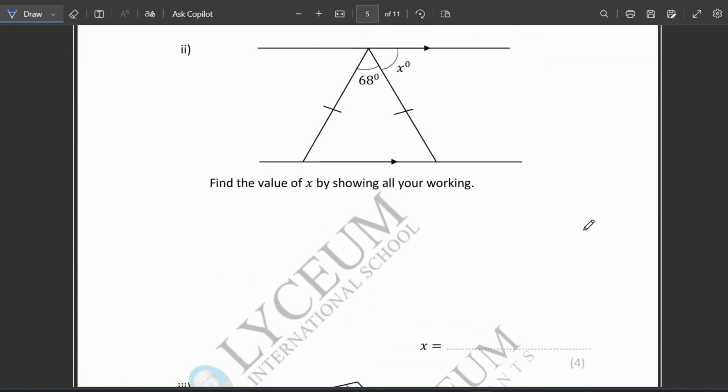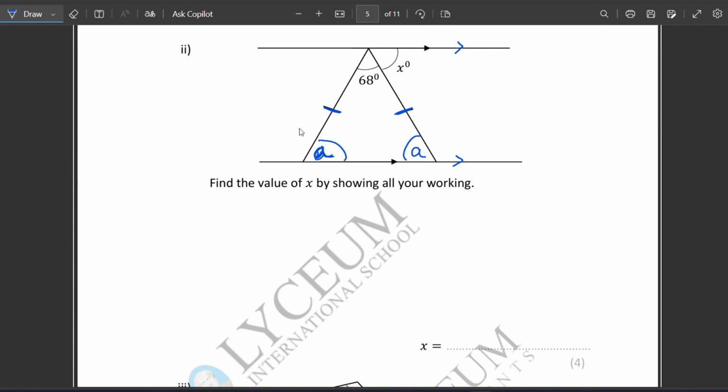Here we have to find the value of x. Okay, so you can see these are parallel lines and this is an isosceles triangle. In an isosceles triangle, if this angle is A, this angle also should be A, because in an isosceles triangle these two angles are similar.